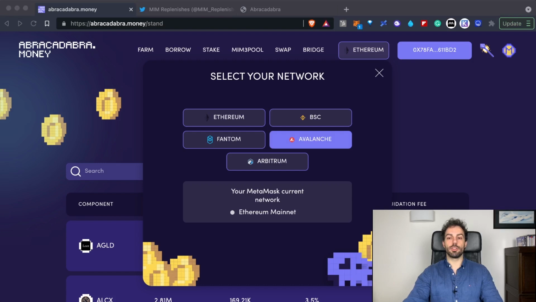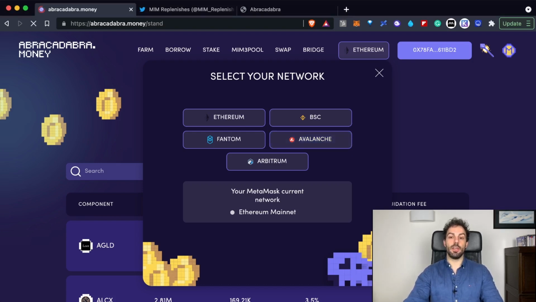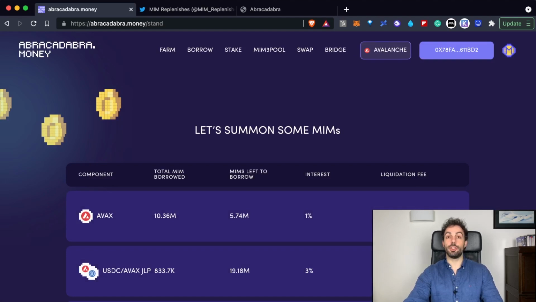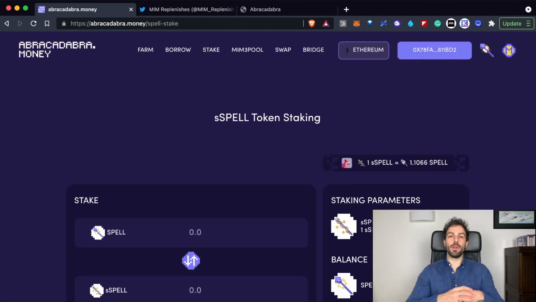Another feature that is really hot at the moment is the Avalanche blockchain, which is supporting on Abracadabra Money the possibility to leverage your Time tokens, the tokens from the Wonderland Money platform. Another really unique feature of Abracadabra Money is the possibility to stake your Spell token.